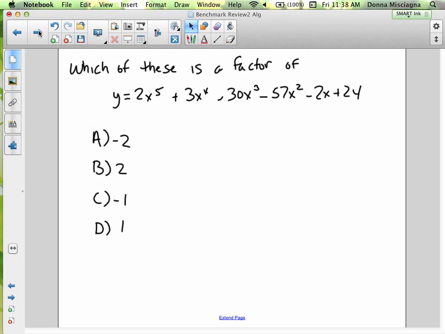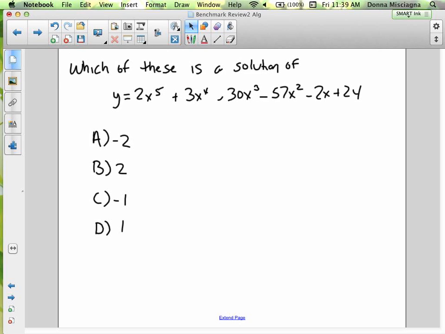Which of these is a solution, shouldn't be factor, should be a solution, of y equals 2x to the 5th plus 3x to the 4th minus 30x cubed minus 57x squared minus 2x plus 24. I can't see because the chain from the plexiglass is blocking.